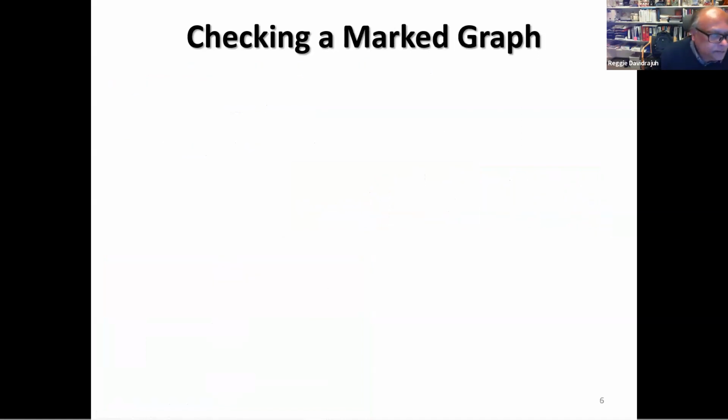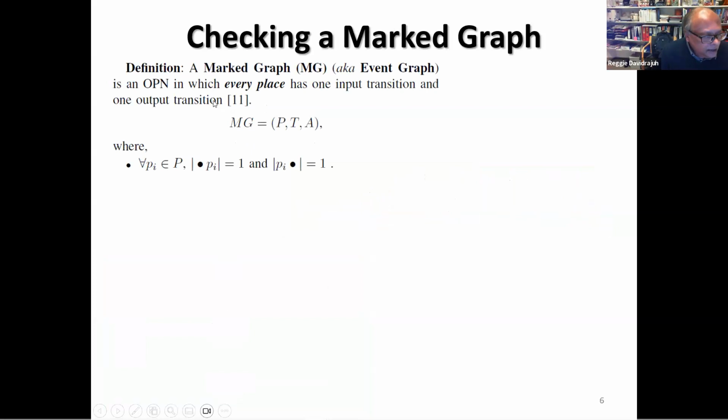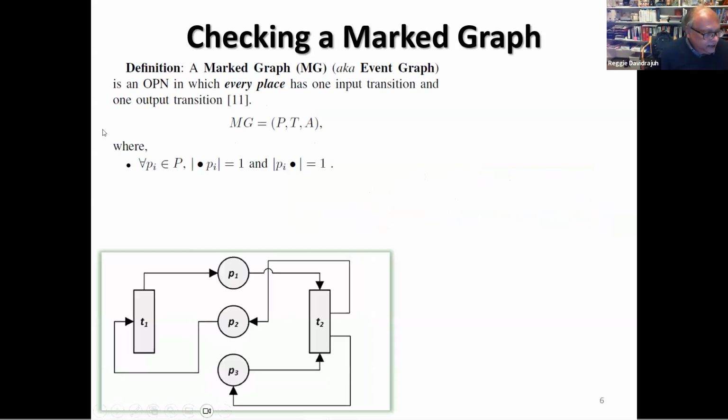Let's take one more example, a marked graph. What is a marked graph? In a marked graph, each place has exactly one input and one output transition. Okay. Here, for example, P1 has one input and one output. P2 has one input and one output. P3 also has one input and one output.